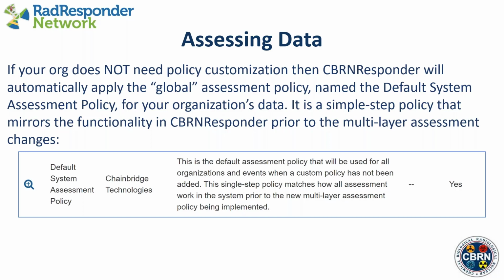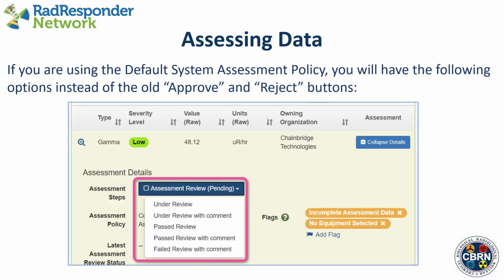The only change here is that you'll have a few more options to mark your data. If you are using the default system assessment policy, which again is the global policy, so if you did not create a multi-layer or custom policy, this is the policy that every organization will have. You'll have the following options highlighted in pink instead of the old approve and reject buttons.